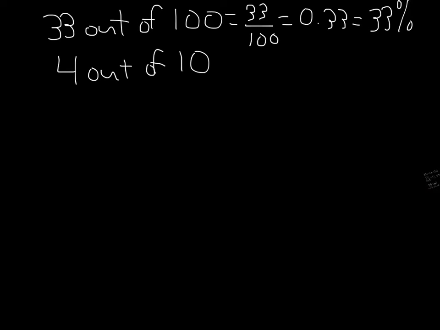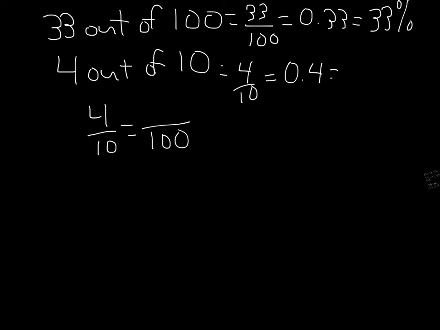Now 4 out of 10 is a little different. It's 4 tenths as a fraction, or 0.4 is 4 tenths as a decimal. Now if we wanted to make it into a percent, we'd have to recognize that 4 tenths is the same as what number out of 100. If it's out of 10, it's not a percent. Percent has to be out of 100. And we'll recognize 10 times 10 is 100, and so 4 tenths is the same as 40 hundredths.